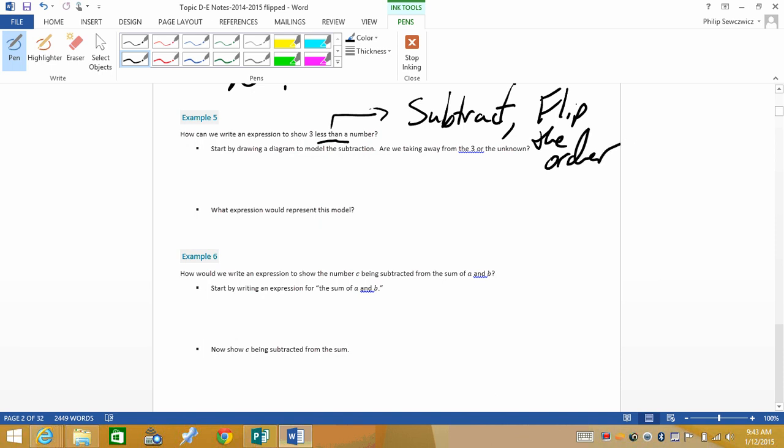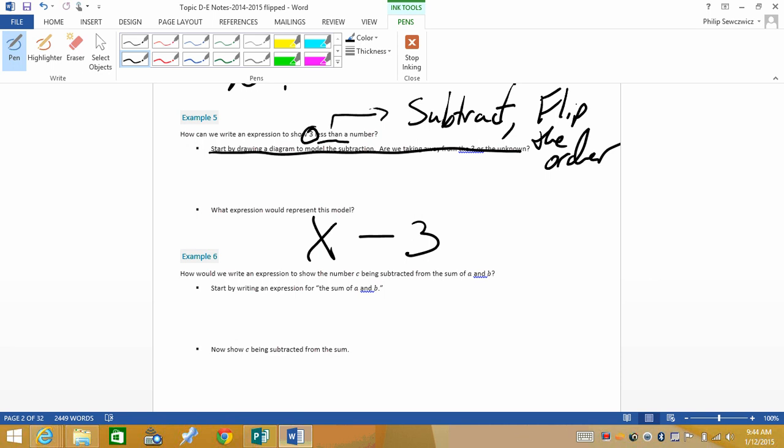So when it says 3 less than a number, yes, it does mean to subtract, but we got to flip the order. The 3 came first, which means it actually needs to come second. The number, which came second, actually needs to come first, so it's actually x minus 3. It's just the English language that changes the order around.